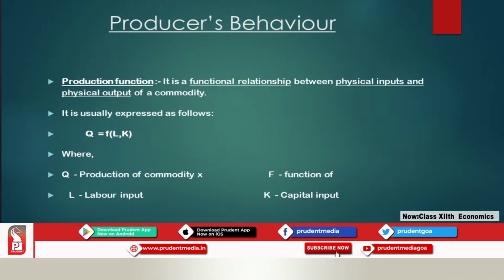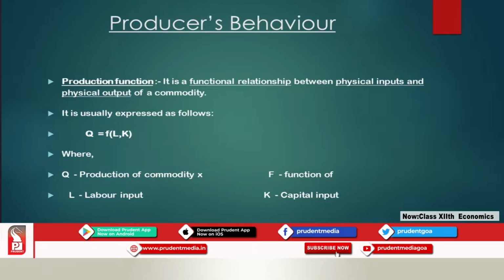Let us start with something called the production function. It is a functional relationship between physical inputs and physical output of a commodity. A functional relationship is basically a technical, working relationship.